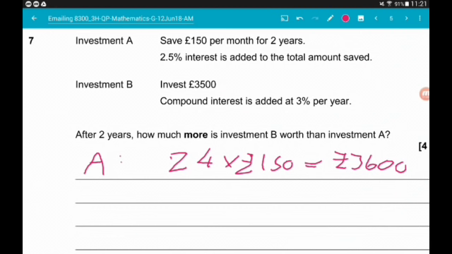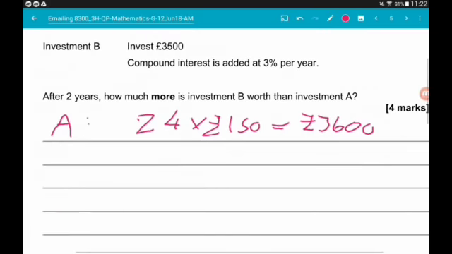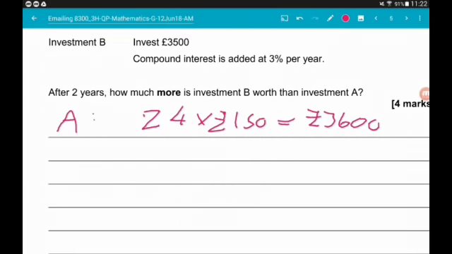Now, on top of that, we now get paid 2.5% interest. So I'm going to use decimal multipliers here. 2.5% is 0.025.